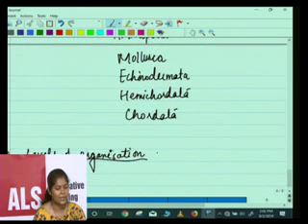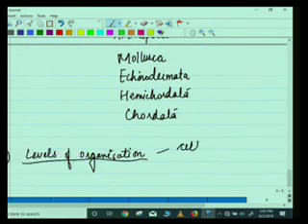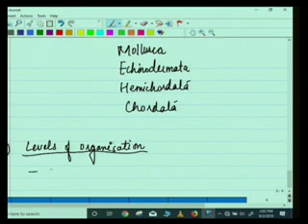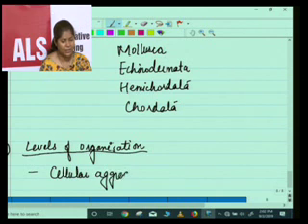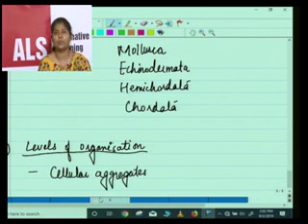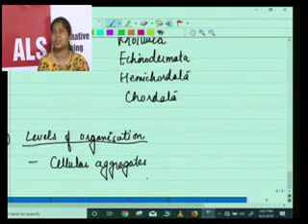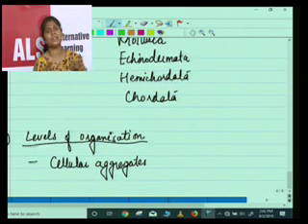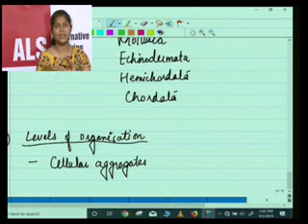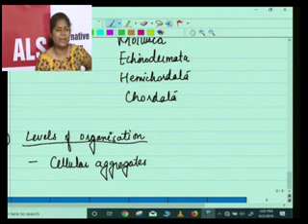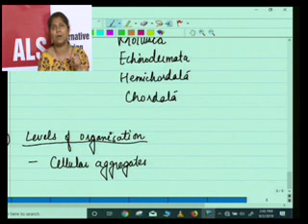The level of organization that comes to mind first is that the animal might have just a simple aggregate of cells. So the first in this list is cellular aggregates. The animals belonging to this class are just aggregates of cells. Some of the cells come together and start performing similar kinds of functions, but there is very little division of labor, because the term division of labor comes only when you talk about tissues.